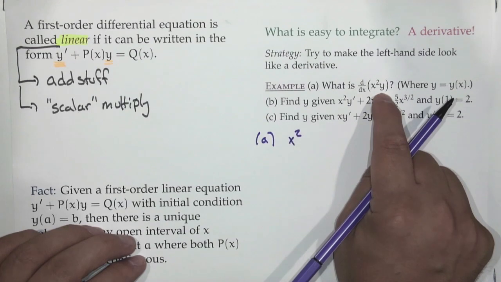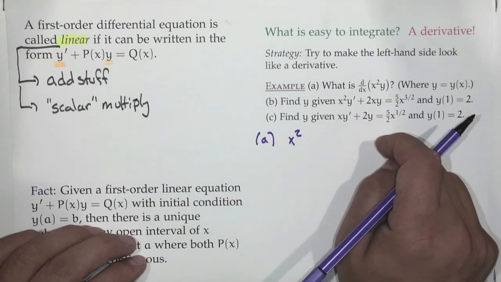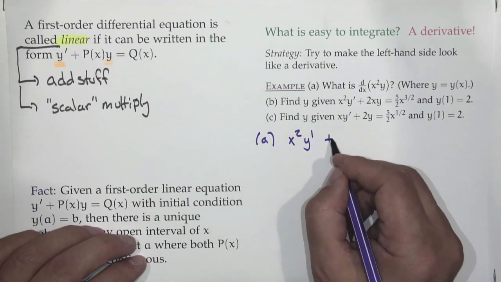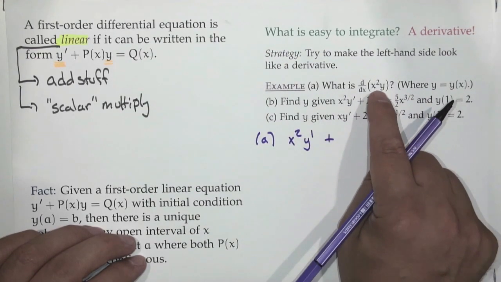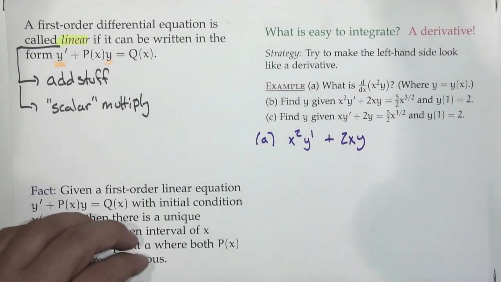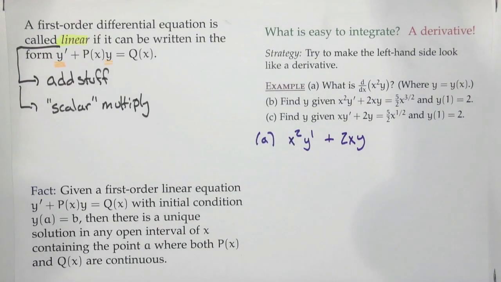What's the derivative of y with respect to x? dy dx. We can also write that as y prime. Plus, now I'll take the derivative of the first term, 2x, and I'll leave the second term alone. So the derivative of x squared y is x squared y prime plus 2xy. All right, that's the whole part A.